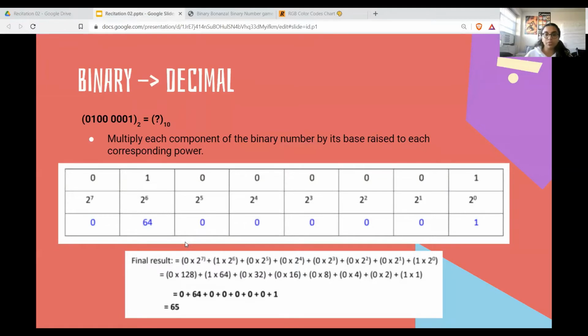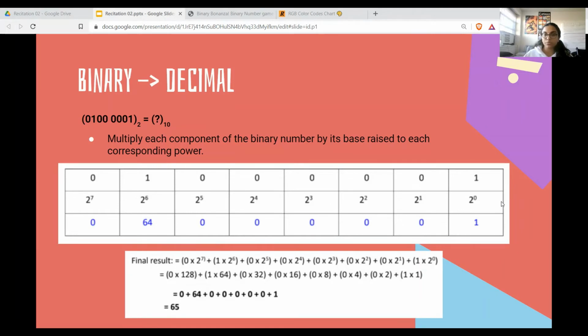Then the bit next to it is 0, which will be read as base 2 raised to the power 1, and so on and so forth. In this table the same thing is written: 2 raised to 0, 2 raised to 1, then 2 raised to 2, 2 raised to 3, and so on.